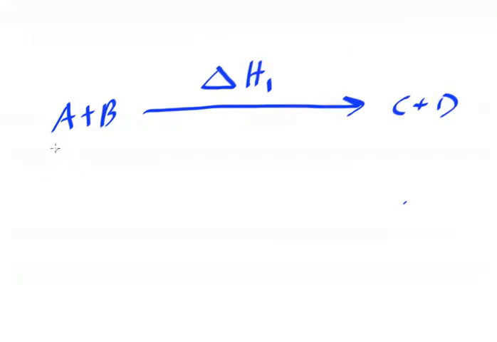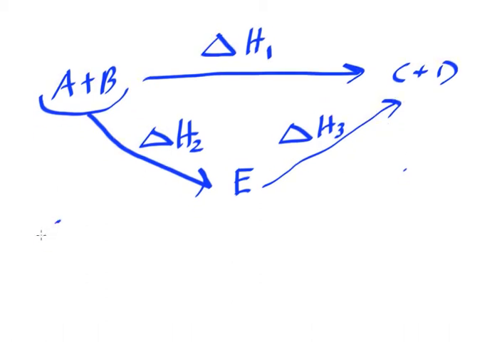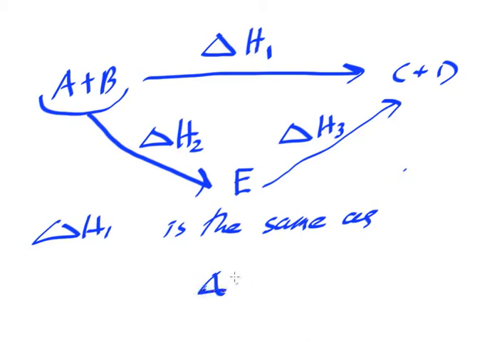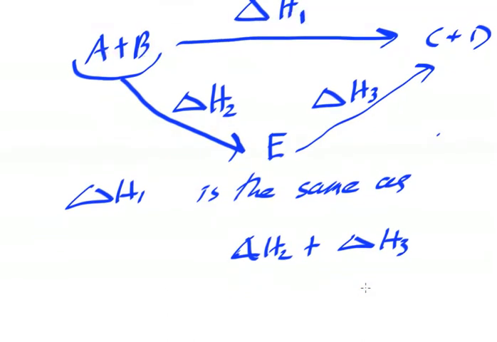Well, what Hess's law says is that if instead of going from A plus B to C plus D, we instead went from A plus B to E, and maybe that has an enthalpy change, let's say delta H2, and then we go from E to C plus D, it has an enthalpy change of delta H3. Hess's law says that delta H1 is the same as delta H2 plus delta H3. That's what it's saying.